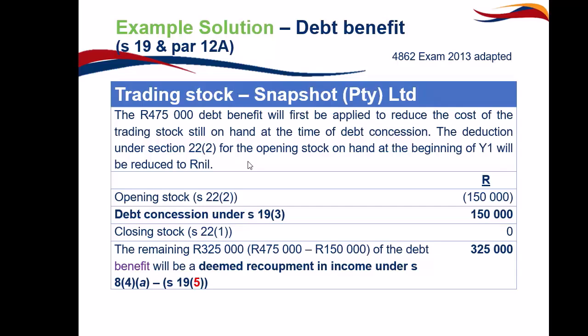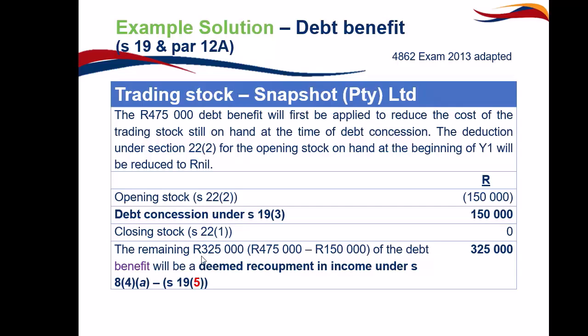Okay. So we're able to see that 150,000 relates to the stock that is on hand. So what are we going to do with that? We first need to reduce the cost in terms of Section 19.3 by 150,000, okay? And we're going to have a balance of 325, okay?